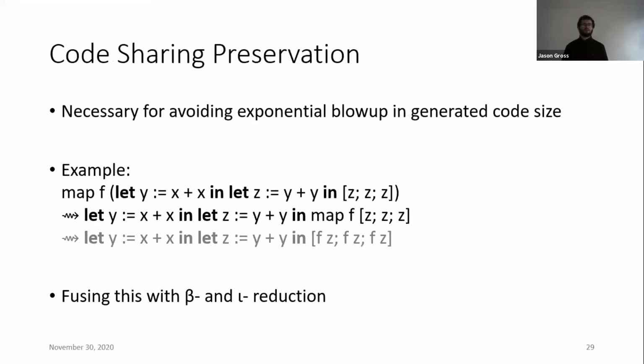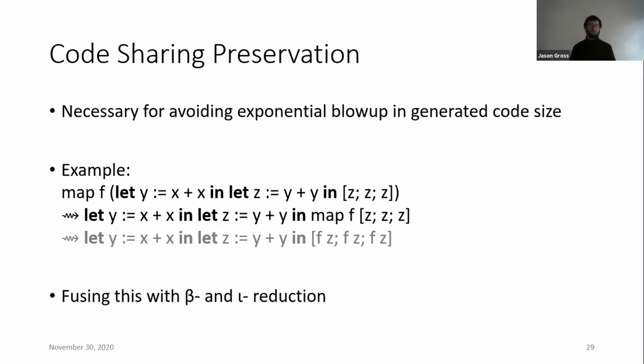And finally, code sharing preservation is necessary for avoiding exponential blow up in the size of the generated code. The example here, we use let binders for variable assignment. And when we map a function over a concrete list, if there are some variable assignments in the way, there's these let binders in the way, the iota delta reduction or the rewriting patterns won't trigger.